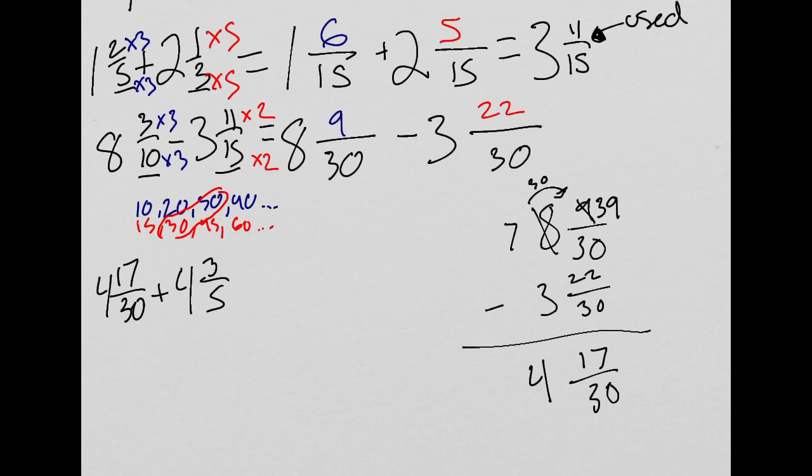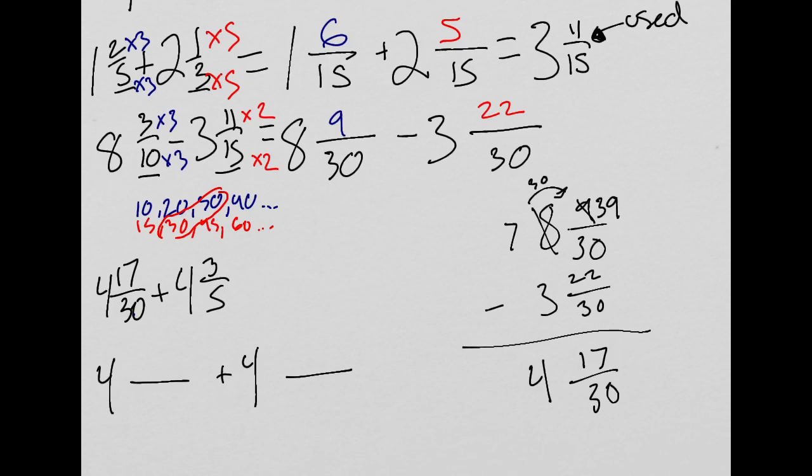And again, I'm going to make these into common denominator, so it's going to be 4 and something plus 4 and something. Again, I have really big fractions. I have a 30th and a 5. I really don't want to do 30 times 5. So what I'm going to do is find a common denominator here. And it looks like 5 can go into 30.